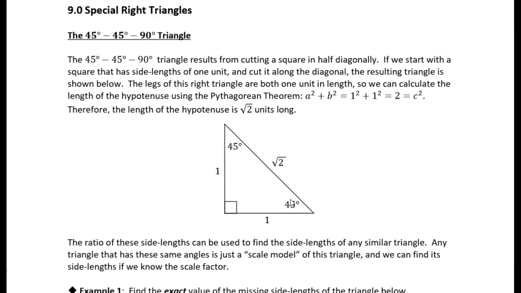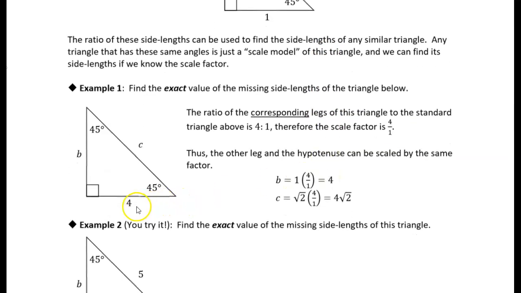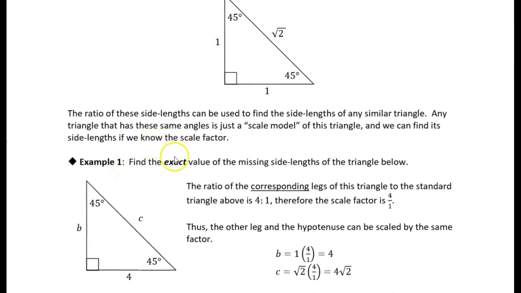Okay, so I want you to understand how to do these problems using a scale factor, because we haven't actually learned trigonometry yet. Okay, so pretend like you don't know anything about trigonometry when you're solving these problems. So you can see in this first example, it's a 45, 45, 90 triangle. The only difference from the basic one is that one of the legs is 4, okay, instead of being 1.